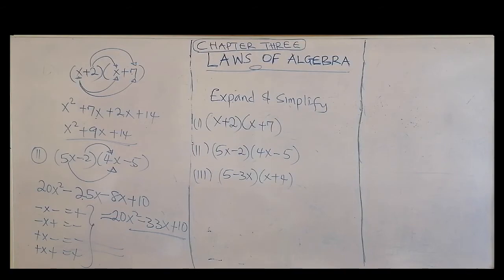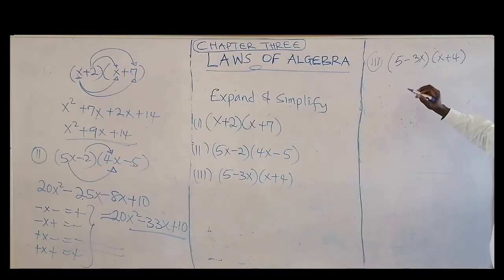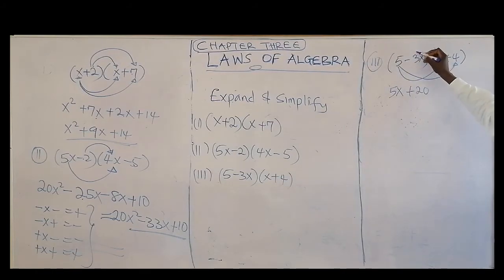That finished that question. Then we go to the third one, which will be this one times this one. That will be 5x. This one again times this one, that's plus 20. Minus 3x times this, that's minus 3x squared.